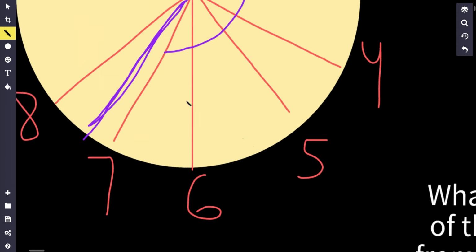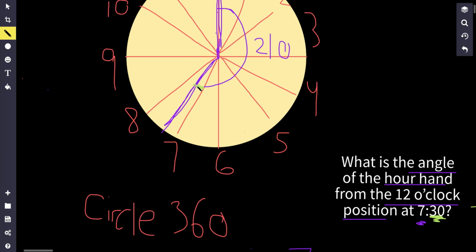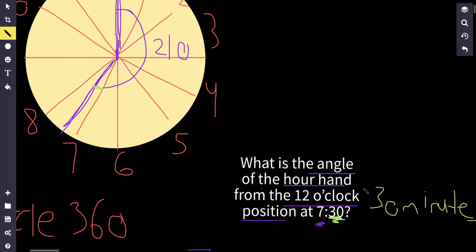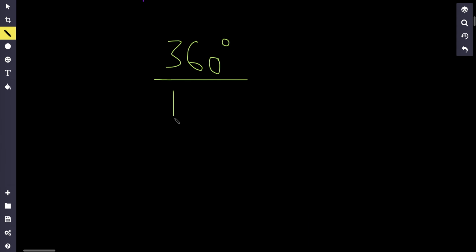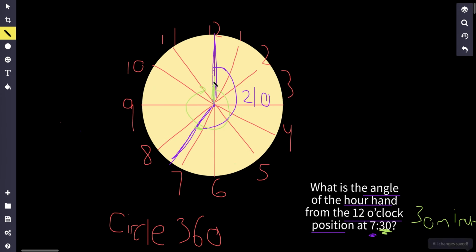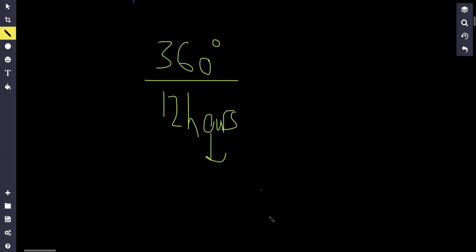So how do we find out this tiny little part right over here? How do we find out the rest of this angle? In order for the hour hand to go across the circle 360 degrees, so a full revolution, we said it takes 12 hours, right? There's 12 parts to this circle. How many minutes is 12 hours?